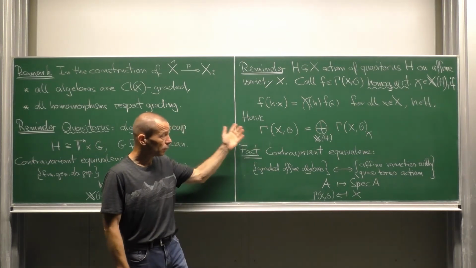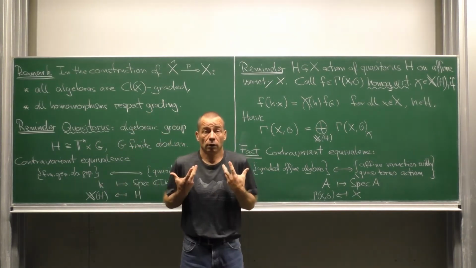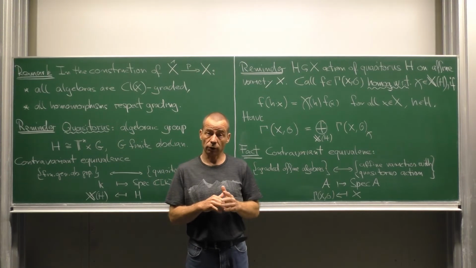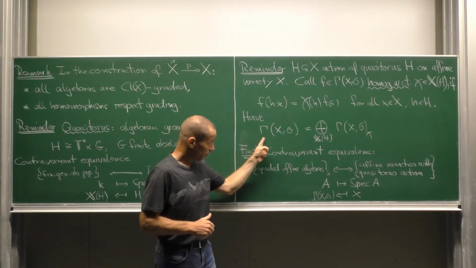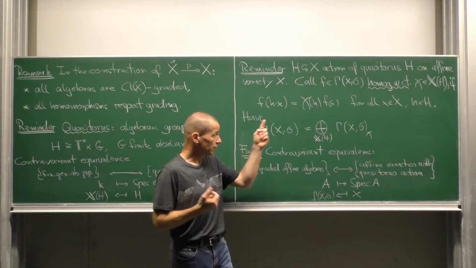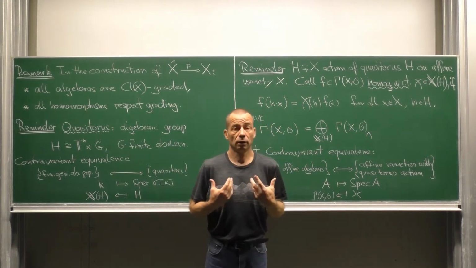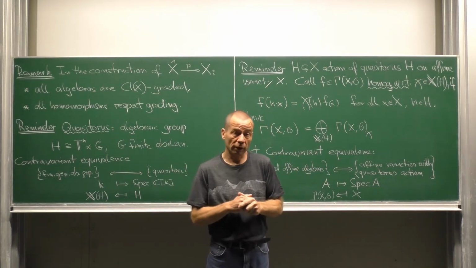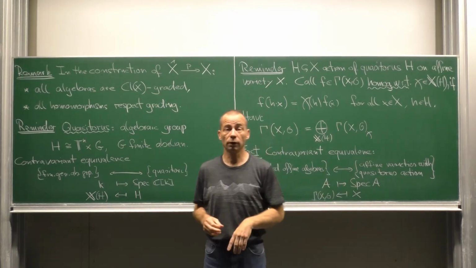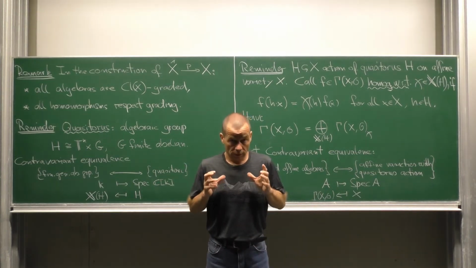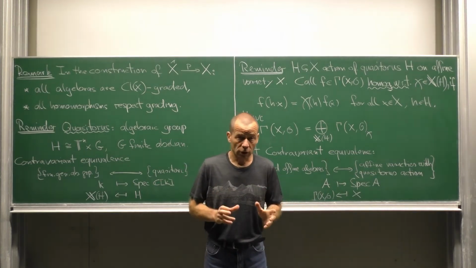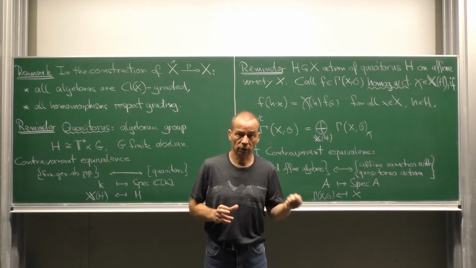It is a basic consequence of the representation theory of quasi-tori that the function algebra of X is graded by the character group of H, and the homogeneous components are the vector spaces of functions being homogeneous with respect to a given character chi.